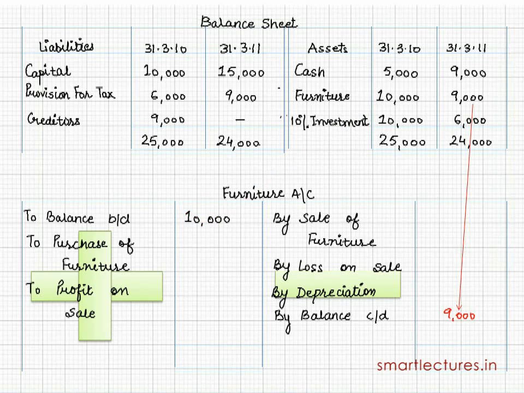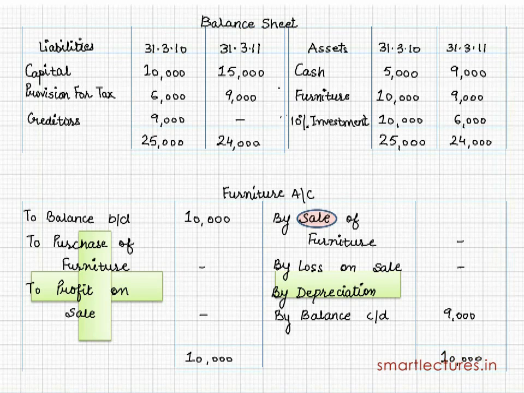So there is nothing more about the furniture account. So the total on debit side should be rupees 10,000. So to purchase of furniture nil, to profit on sale nil. Now the total on credit side should be rupees 10,000. So 1,000 figure is missing. Either it should be sale or it should be depreciation or loss on sale.